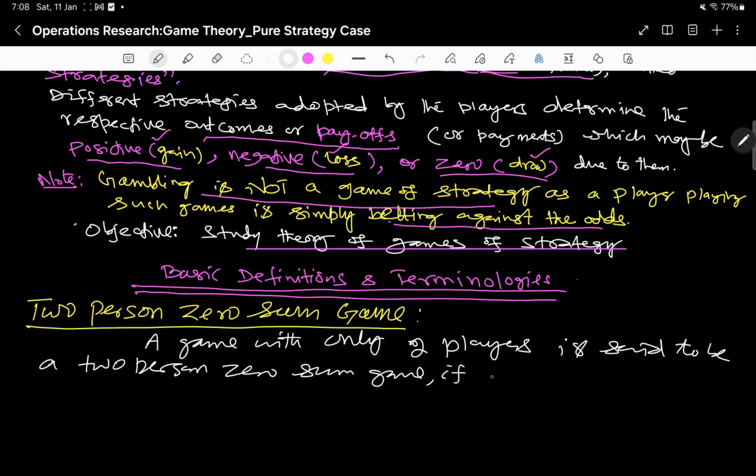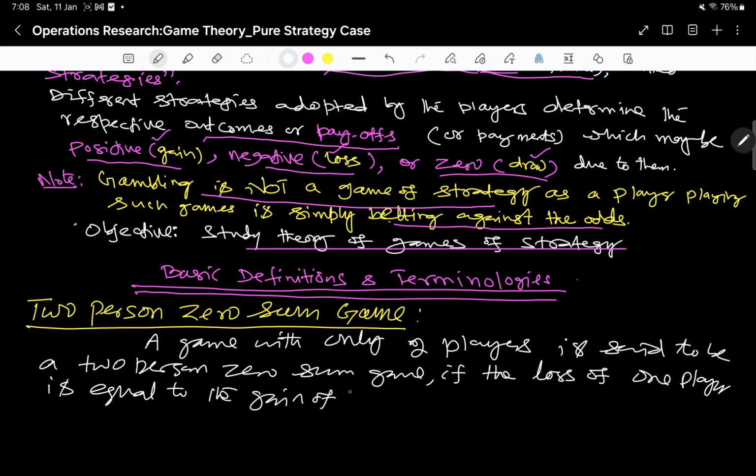if the loss of one player is equal to the gain of the other player, such that the net gain is equal to 0.